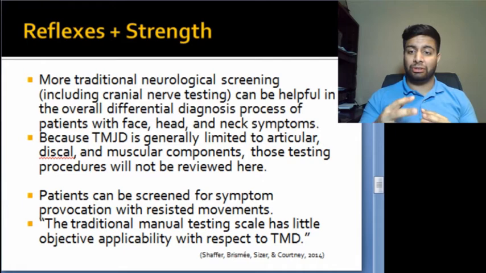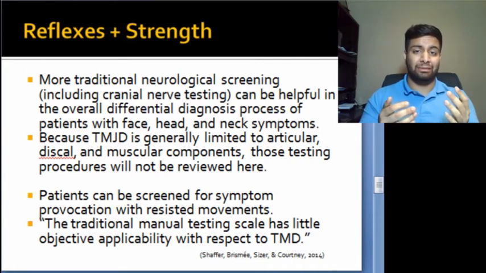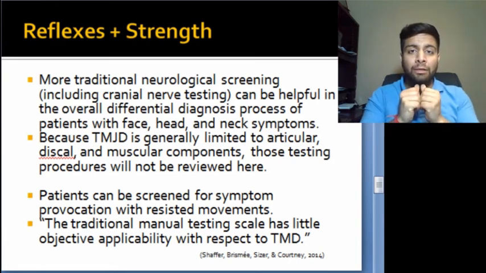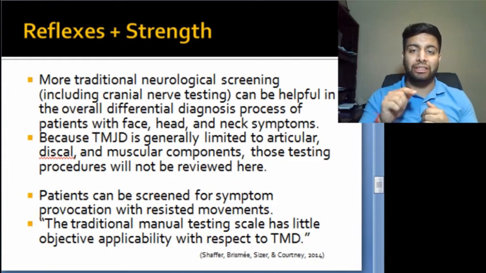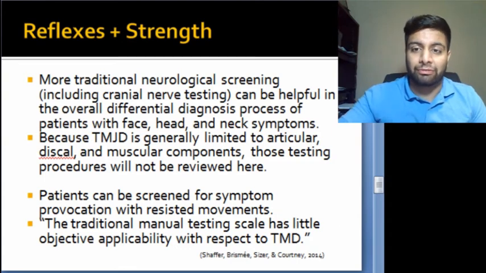And in terms of strength, patients can be screened for symptoms of provocation with resisted movements, which are just to one side, this side, pushing down into the chin, and pushing out into the chin as well. The traditional manual testing scale has little objective applicability with respect to TMJD. So we'll be moving on from that.